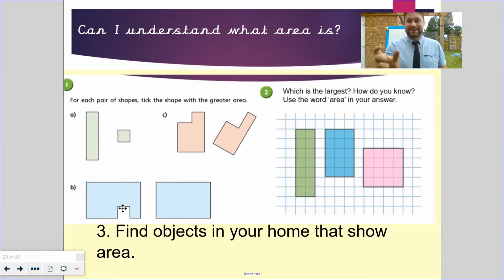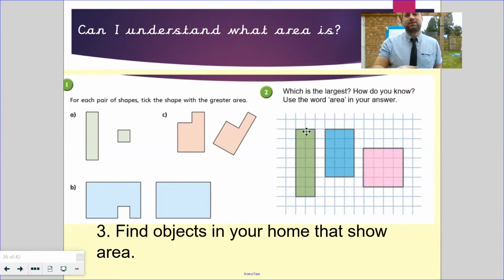So if this has had some of its area removed, this one is going to have the larger area. And then in this one here, this one's a little bit tricky, but you can see that it's a little bit thinner here, and they've taken off just a little bit more. So I would say that this shape here has the greater area than this one. And that's just by using our eyes.